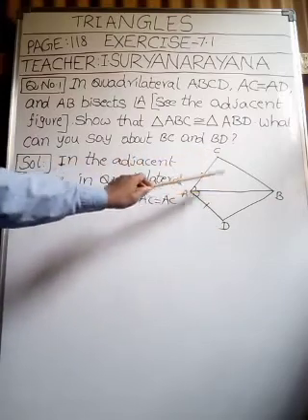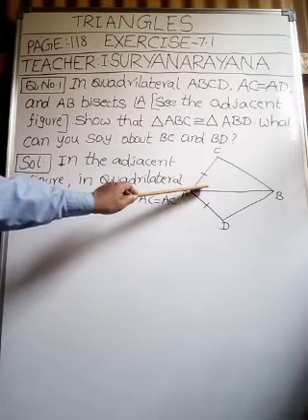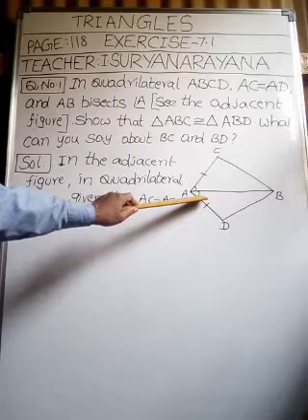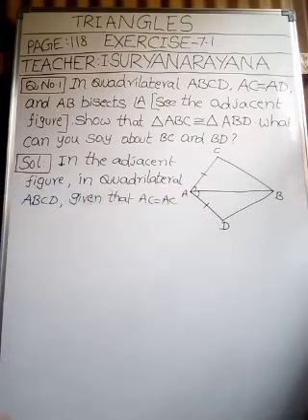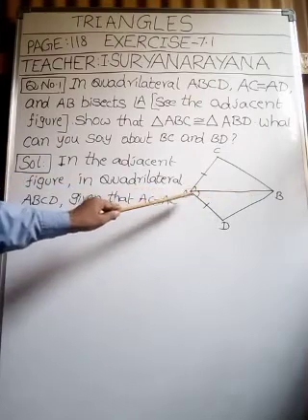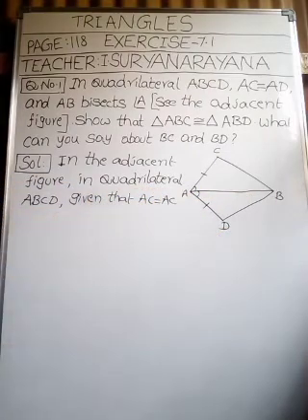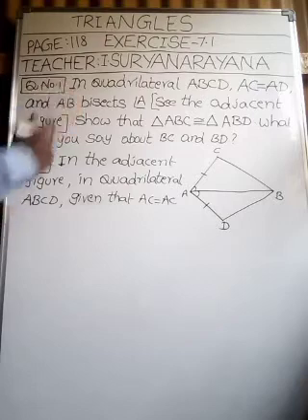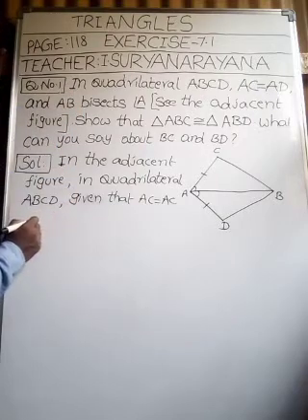AB is bisecting this angle, which means above the line AB is 30 degrees and below the line AB is 30 degrees. Means angle CAB is equal to angle BAD. So AB bisects angle A, it is also given.